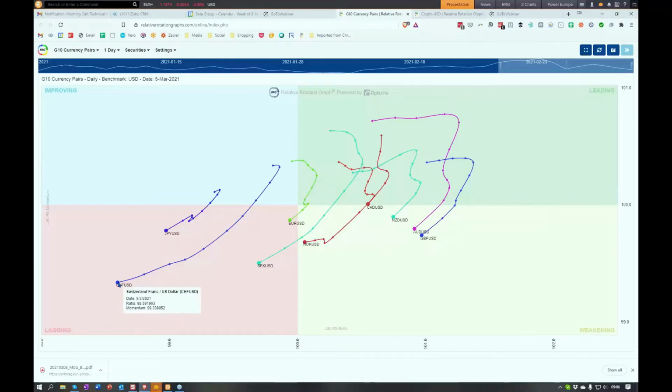Things that are away from zero, like the Swiss franc here, the further away they are from zero, the more you've got the outperformance characteristic, and it's moving less with the base benchmark, but it's generating, to use the proper word, alpha. It's genuinely outperforming rather than moving with. So I hope that's clear.